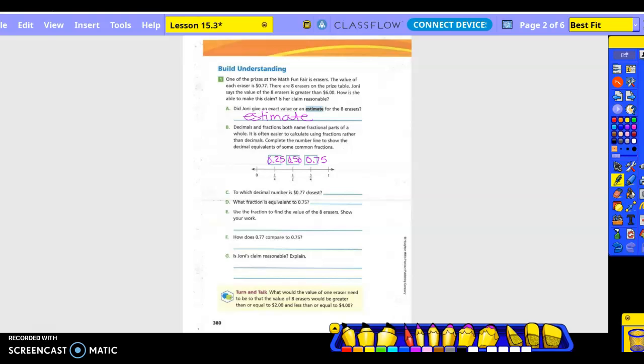To which decimal number is 77 cents closest? To the 3/4 or the 75 hundredths, right? Because they want it in decimal form. What fraction is equivalent to that? 3/4. Okay, so use the fraction to find the value of the erasers. Show your work. So we would take 3/4 times 8/1, or 8.